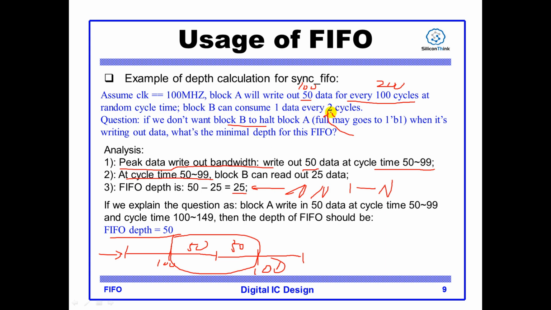This is also acceptable according to your performance requirement. And we can see the bigger the depth of the FIFO is, the FIFO will have bigger ability to smooth out the bandwidth mismatch between block A and block B.